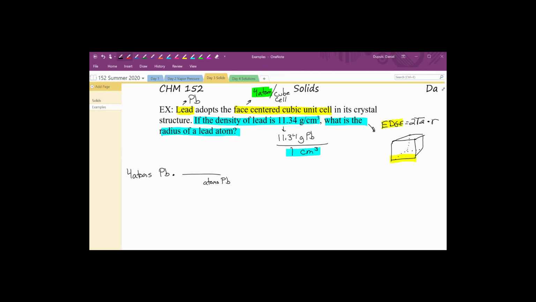Well, probably, right? So many atoms of lead would be 1 mole. That's, of course, 6.022 times 10 to the 23rd atoms of lead is a mole. Then we know 1 mole of lead is 207.2 grams of lead.